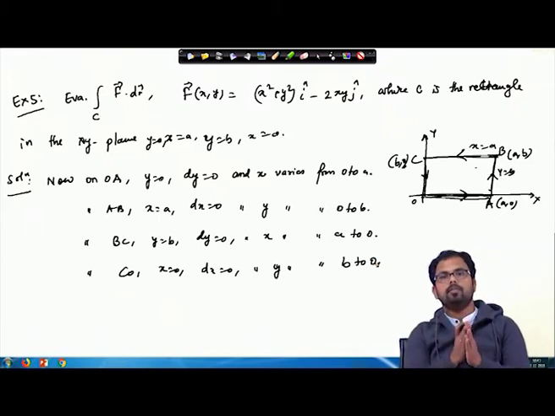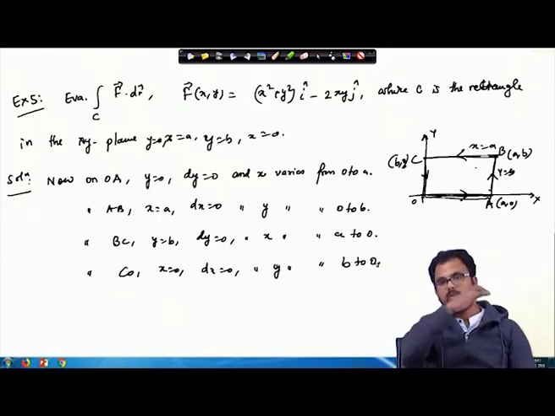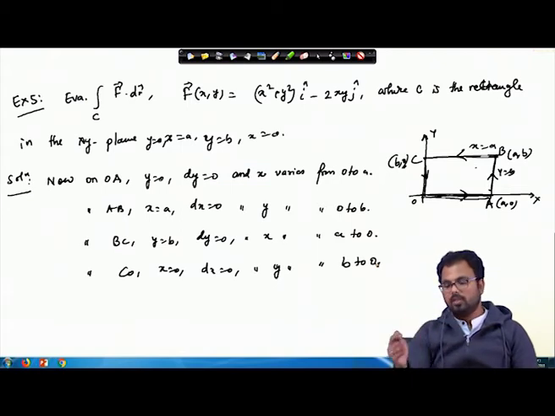So, basically we have 4 smooth curves, and along all these 4 curves we have these 4 criteria.